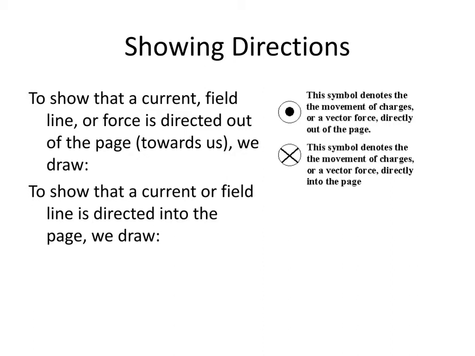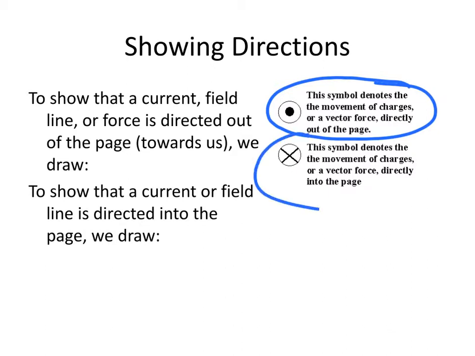Now when we describe these magnetic fields generated by electric current, it's kind of challenging because we need to be able to draw diagrams in 3 dimensions. So to do that, we'll use these symbols, and this symbol shows us something that's coming out of the page. So that could be current or magnetic field coming out of the page. And if we see an X like this, then that tells us that we have something going into the page.